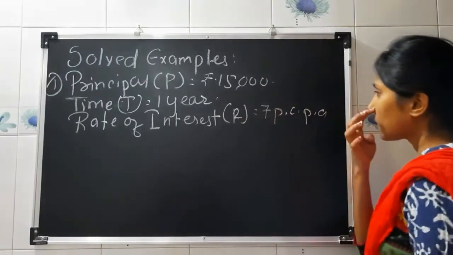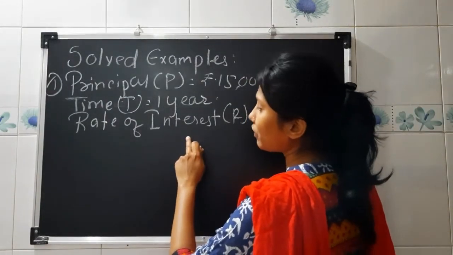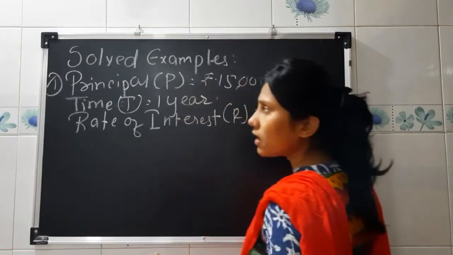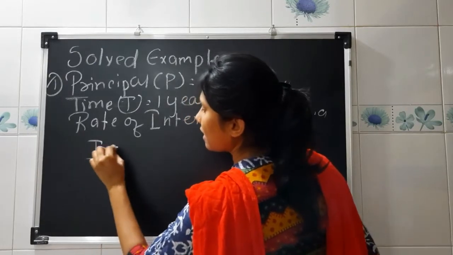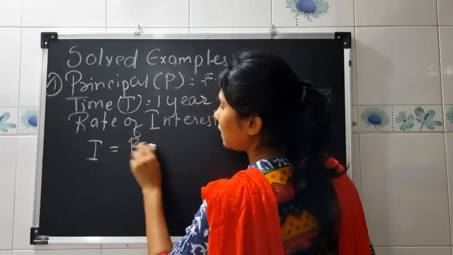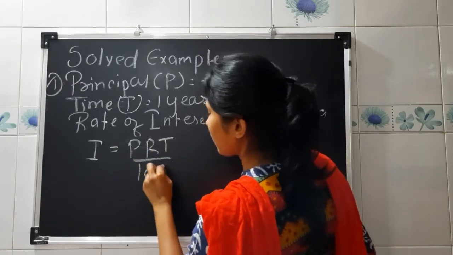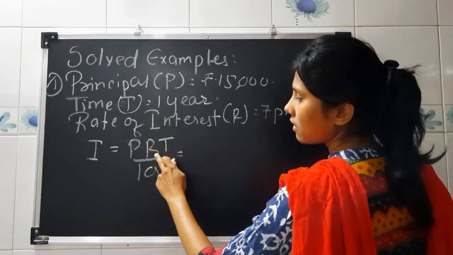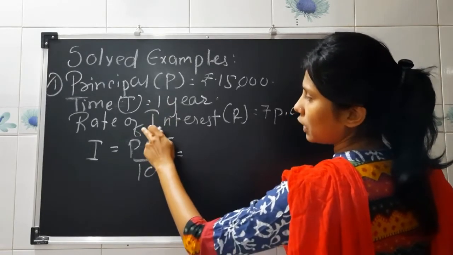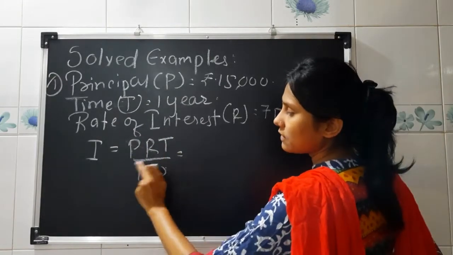So we have to find the amount of interest I. We have learned the formula for finding the interest, that is I is equal to PRT upon 100, where P is the principal, R is the rate of interest, and T is the time, and the whole is divided by 100.